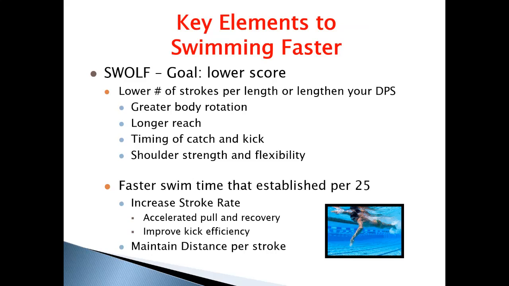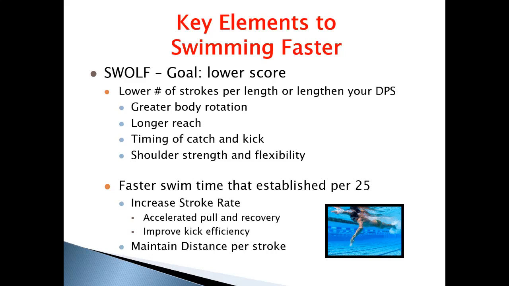And so the better kick you have and the better timing between your kick and your catch, the greater your power is, okay? And that will help you with lowering that score. Increasing shoulder strength and shoulder flexibility is always important for a lot of different reasons, and those two elements also help you lower this particular score by lowering the number of strokes per length. Okay.